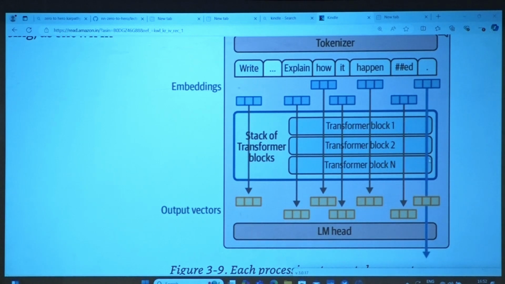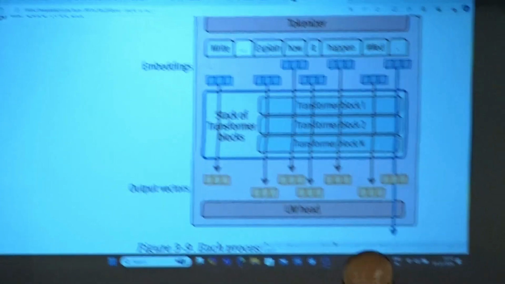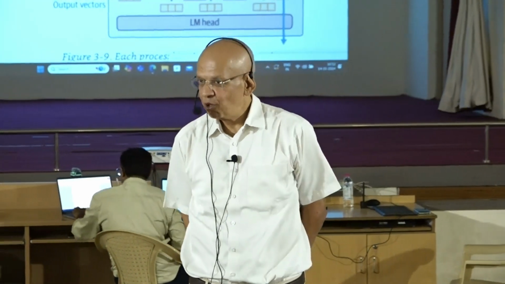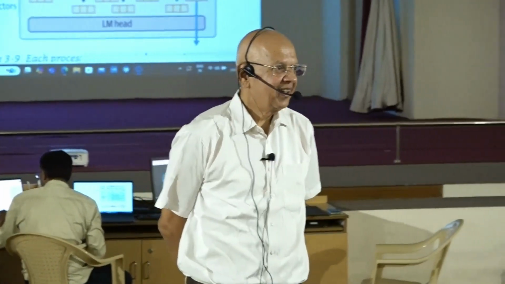Can you see the output vectors? Yes. Now, the output vectors which are emerging from the transformer, there is something very peculiar at the output side. Do you understand what's happening? Beautiful. You see, the output is producing so many vectors.